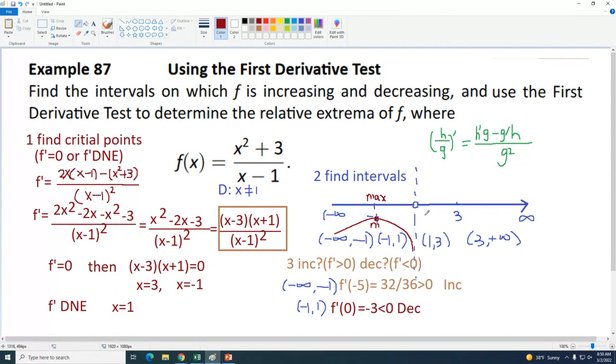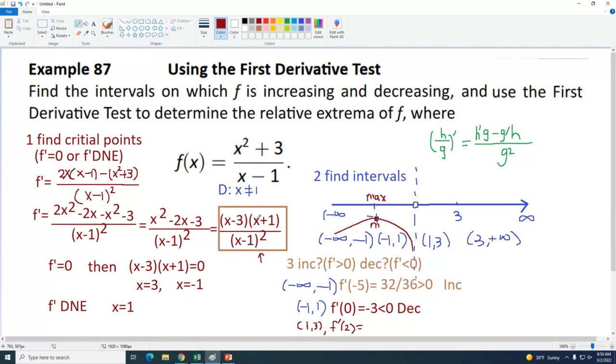All right, we should do the same for the rest. I feel like I'm out of space here, and the third interval is from 1 to 3. I can pick an easier number. A number between 1 and 3 is 2, so you can plug 2 into your derivative function. 2 minus 3 is -1, 2 plus 1 is 3, and 2 minus 1 is 1.